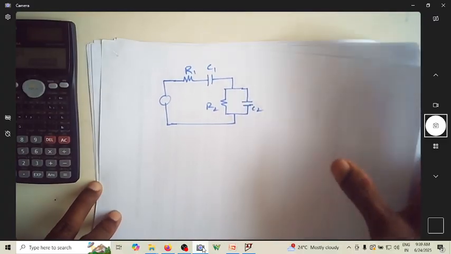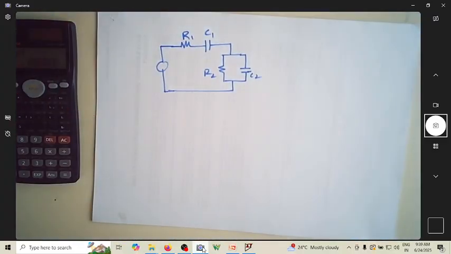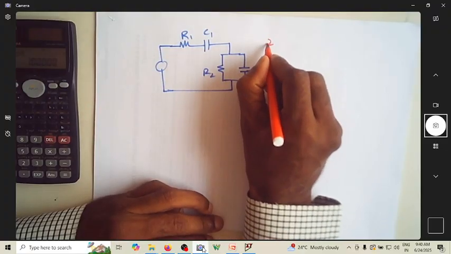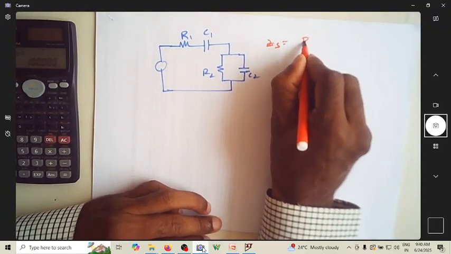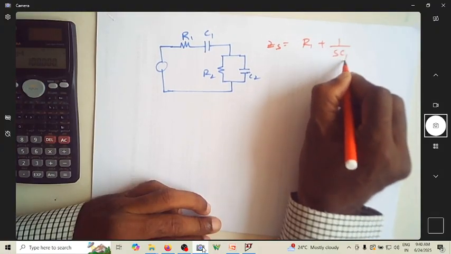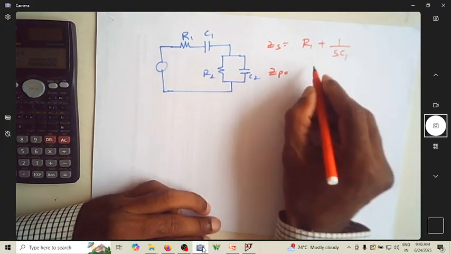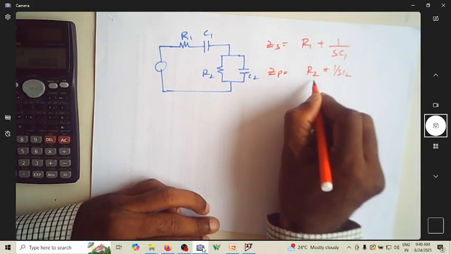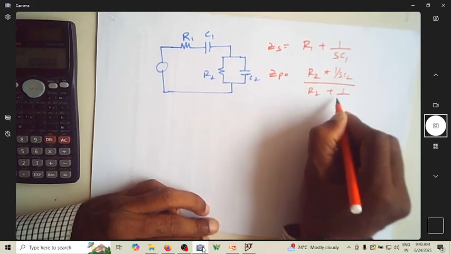Let's do it for one more such problem. You can just do for this also, just for the curiosity. This is a series combination, ZS becomes R1 plus 1 over SC1, ZP will become R2 into 1 over SC2 by R2 plus 1 over SC2.